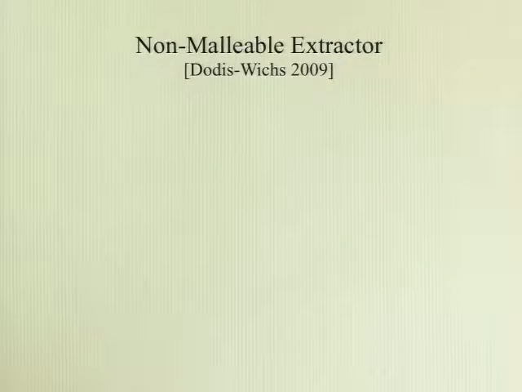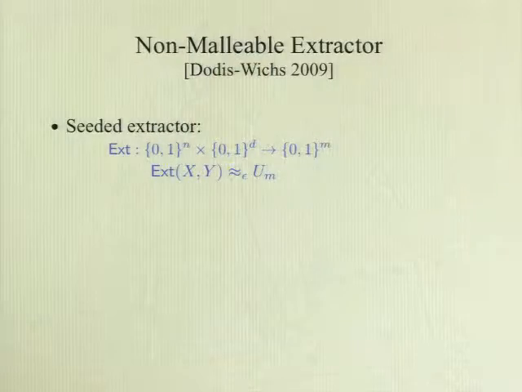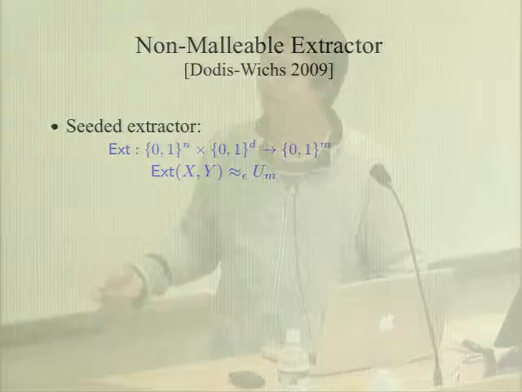Right. So now, what is a non-malleable extractor? It is defined in this paper by Dodis and Wichs. I'll first start with a seed extractor, as you have seen before. This is simple. You just have an extractor. You have a seed and output, and the output is supposed to be close to uniform.